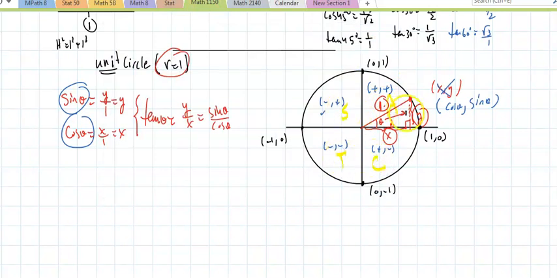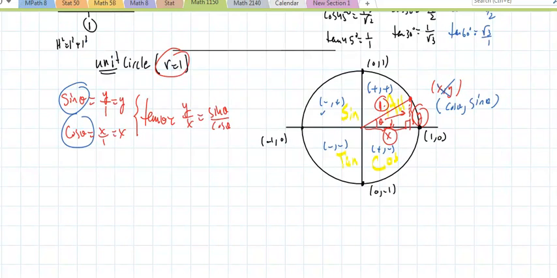That is, all the trig functions are positive in quadrant 1, sine is positive in quadrant 2, which means cosine and tangent are negative. Tangent is positive in quadrant 3, which means sine and cosine are negative. And cosine is positive in quadrant 4, which means sine is negative and tan is negative.